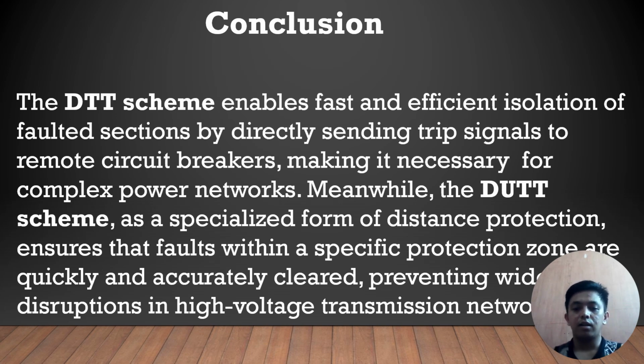DUTT is often utilized in short to medium length transmission lines and industrial facilities to protect specific zones from faults, ensuring that only the affected section is isolated and minimizing disruption to the rest of the system.